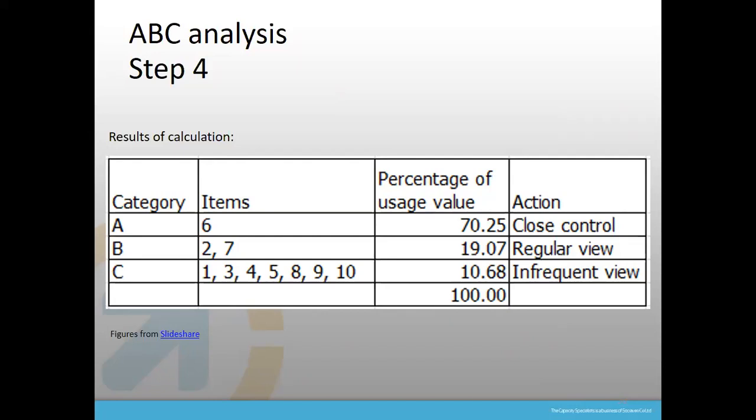So what we want to do is keep close control. Going back to our inventory policy, maybe we want to check the stock every day. Maybe we want to reorder every day. Whatever was used, we reorder. Yes, we have ordering cost every day for this, but the value of these goods is so high and it's so important a good for us that it's worth it. We don't want to run out of stock of these.